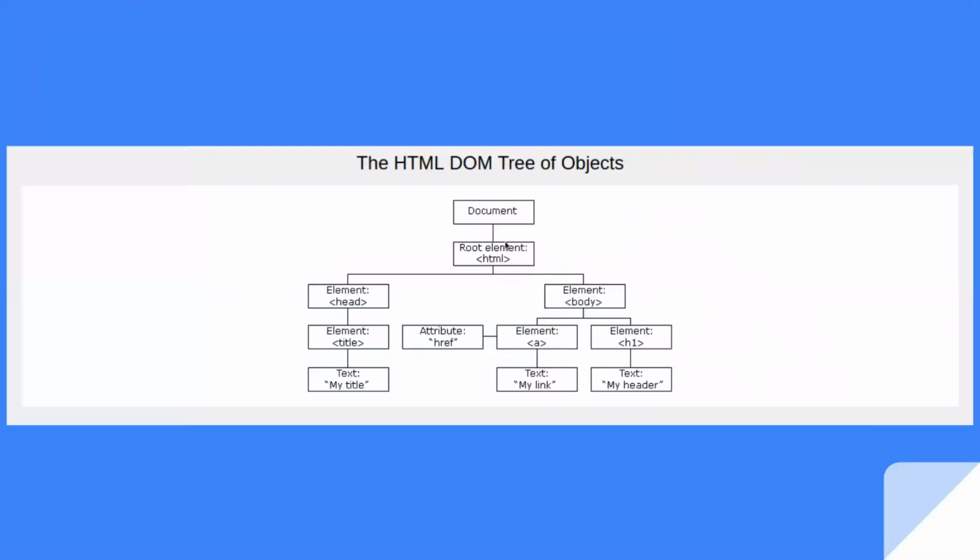So there is a root element HTML inside which there is a head and a body. All the elements inside a parent element come below the parent element in this DOM tree. This tree can be traversed using JavaScript and can be manipulated, hence giving us the flexibility to change the HTML as well as the CSS of the website.